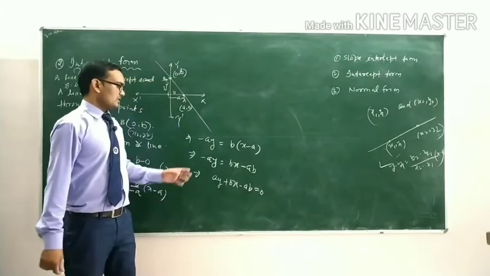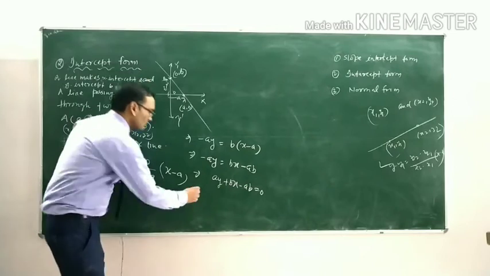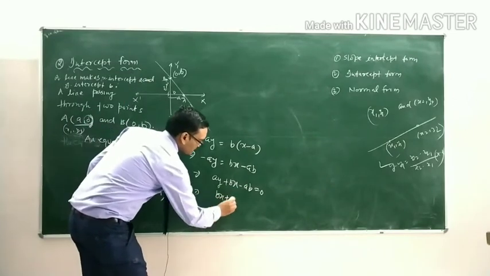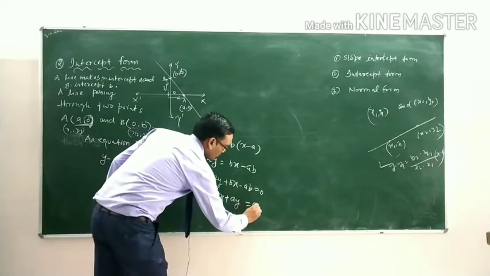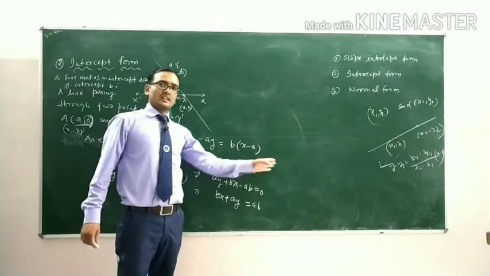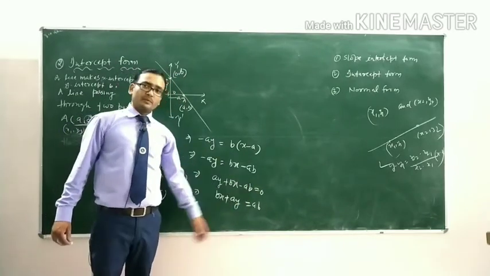We transfer minus ay to the right hand side. Okay students, this implies that bx plus ay equal to ab. Also we transfer minus ab to the right hand side, then we get bx plus ay equal to ab.